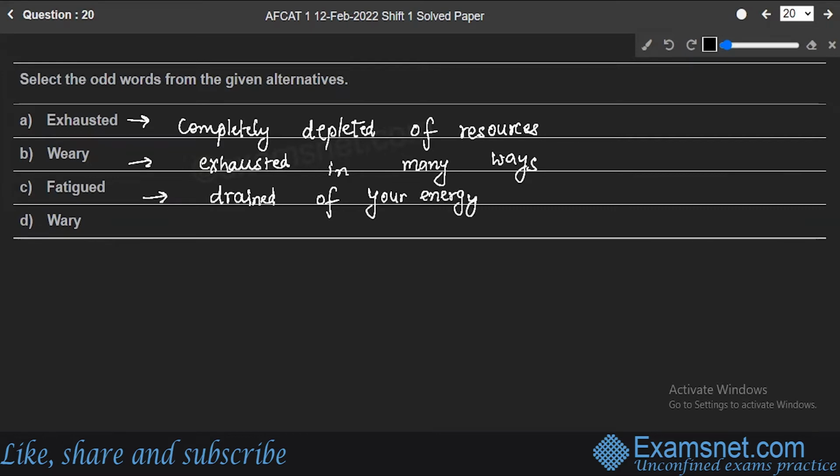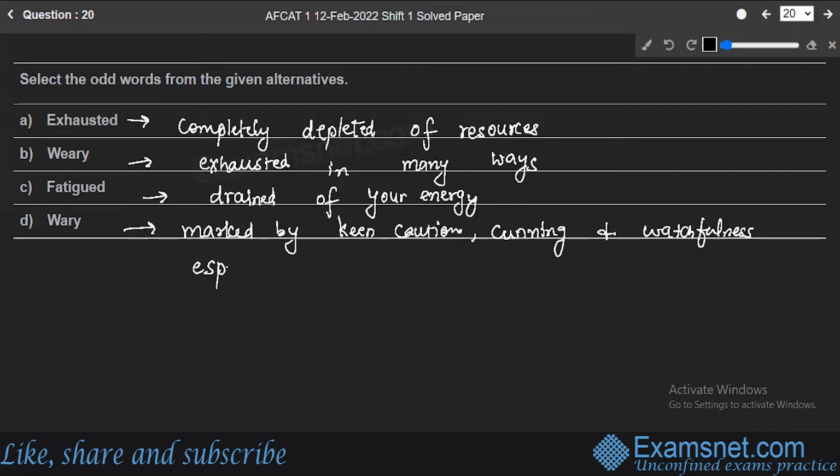And wary means marked by keen caution, cunning, and watchfulness, especially in detecting and escaping danger.